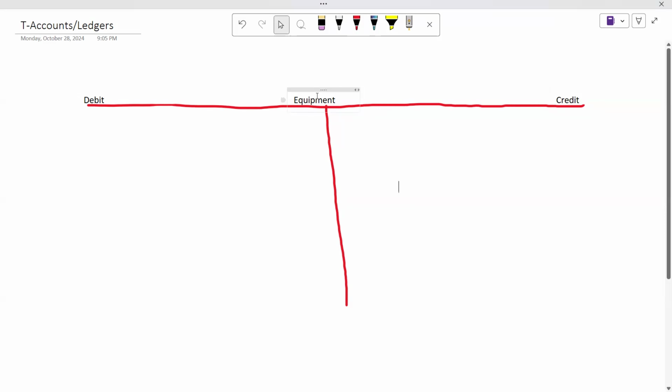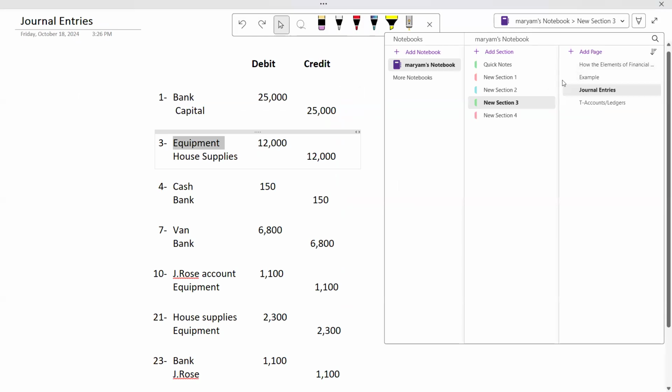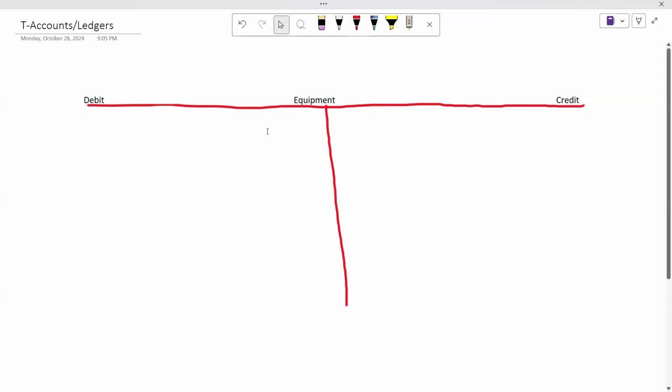If in the journal entry the equipment is being debited, for instance equipment is being debited for 12,000 according to this example, I'm going to write 12,000 here towards the end of this column. Or I can simply write the amount, because I'm telling you the structure of the T account. Here comes the amount and here comes the dual effect.